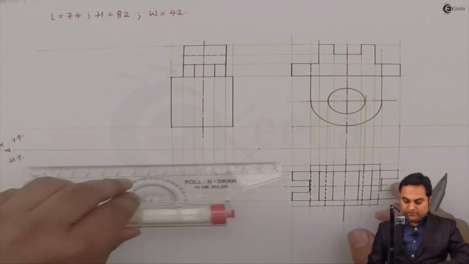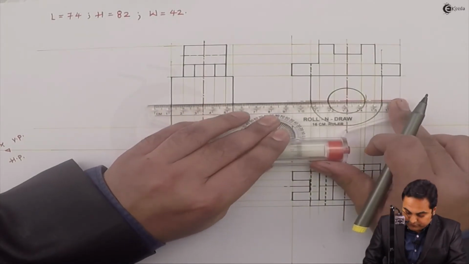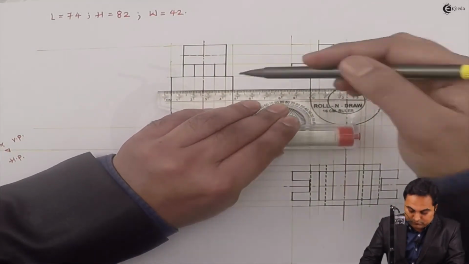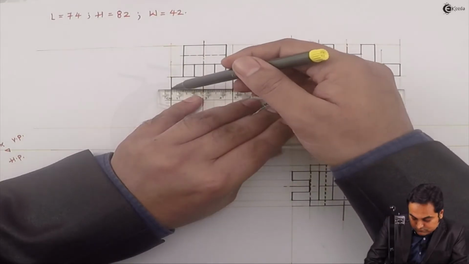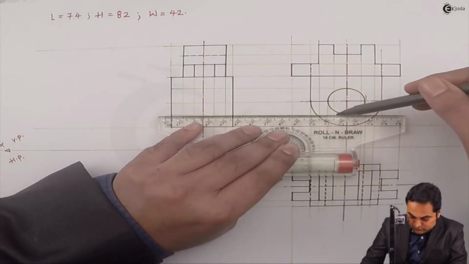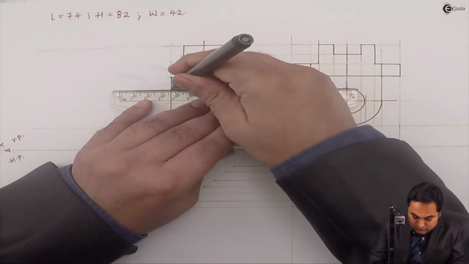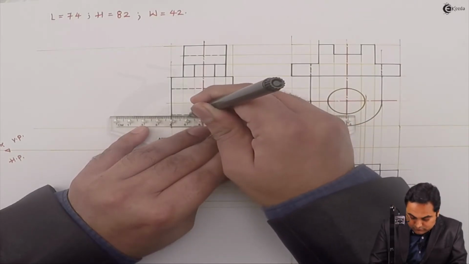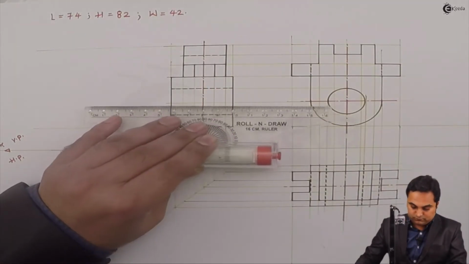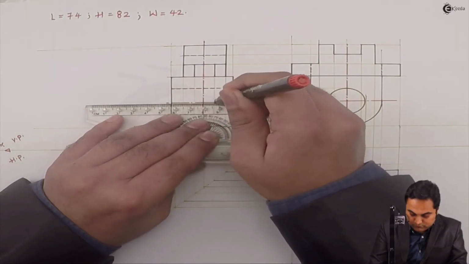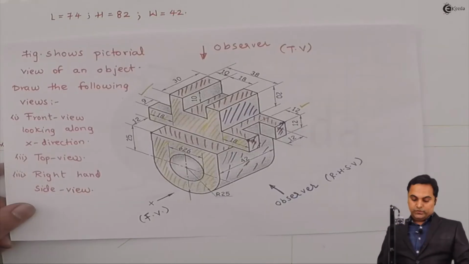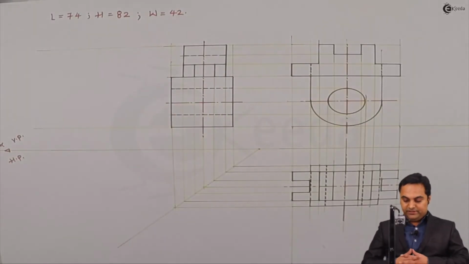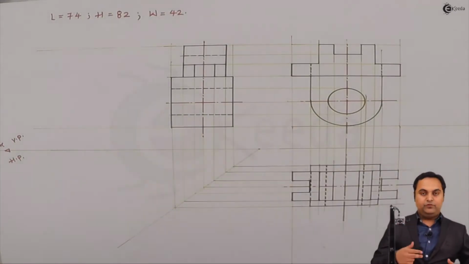So projecting it directly, first getting its center line. Here is the center of the circle. Looking from side, this much is the part which is visible, and along with that the hidden portion. So here we complete the front view, top view and side view.